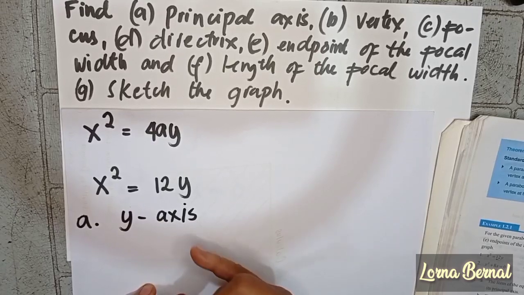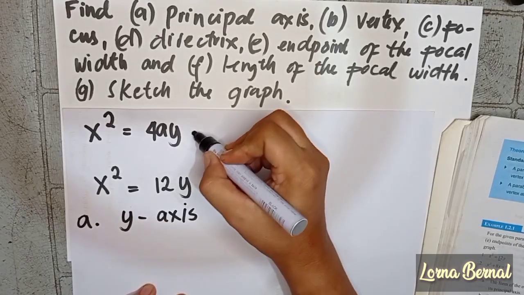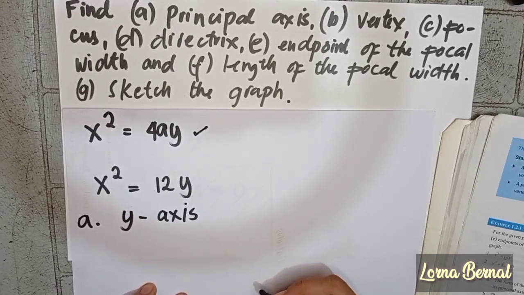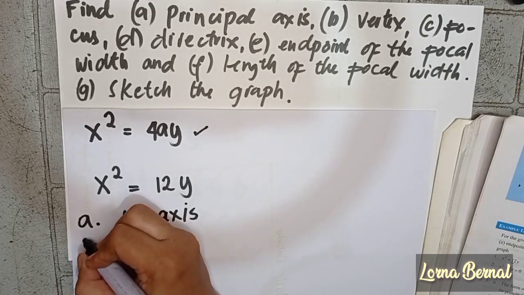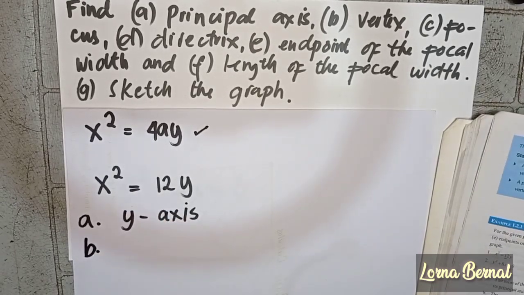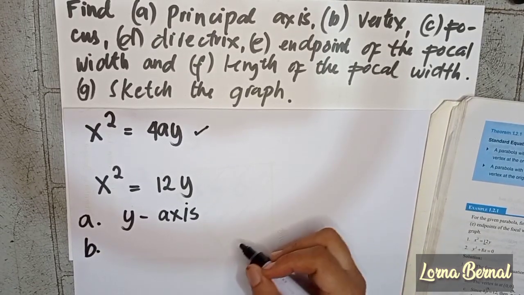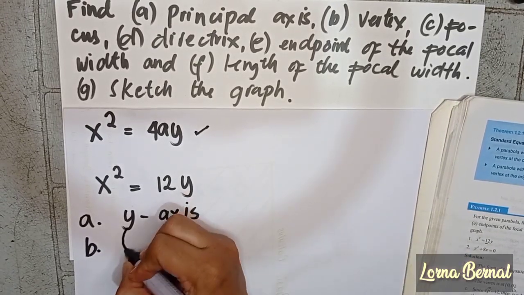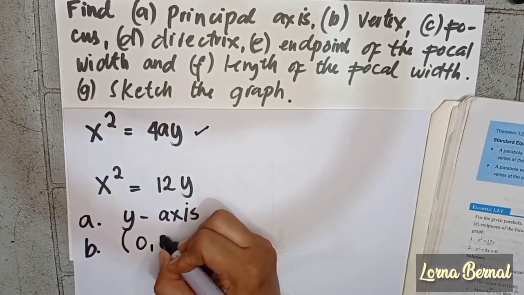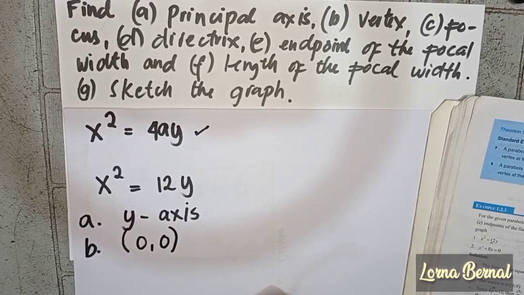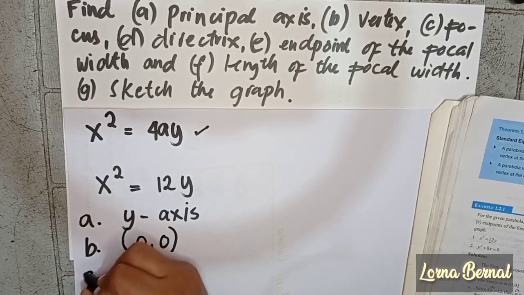Okay? Because our equation is x squared is equal to 4ay. Then letter B, what would be our vertex? Since the vertex is at the point of origin, our vertex automatically would be 0, 0.